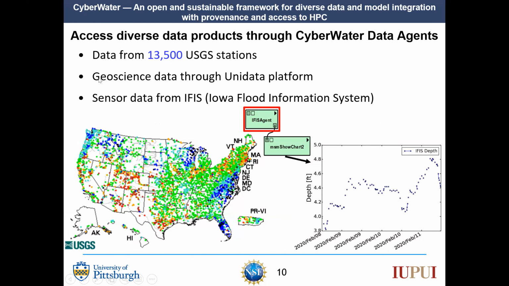We can also access geoscience data through the Unidata platform by using our Unidata data agent. We can access sensor data, for example, the sensor data from the Iowa flood information system by using our IFIS data agent. Here is an example of that.